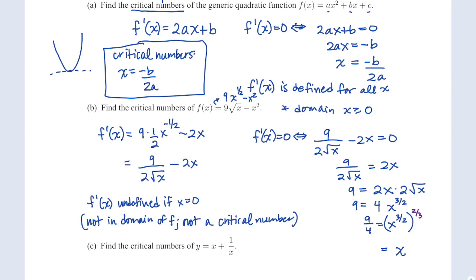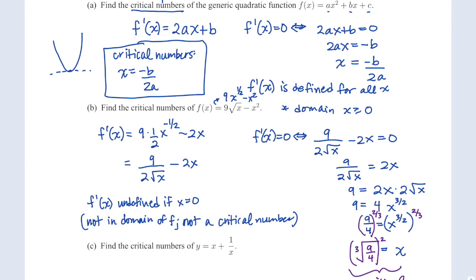And if I'm raising one side to the 2/3 power, I better do the same to the other side. So we get x equals 9/4 to the 2/3, or the cube root of 9/4 squared. So there's one critical number for this function, and it's cube root of 9/4 squared.